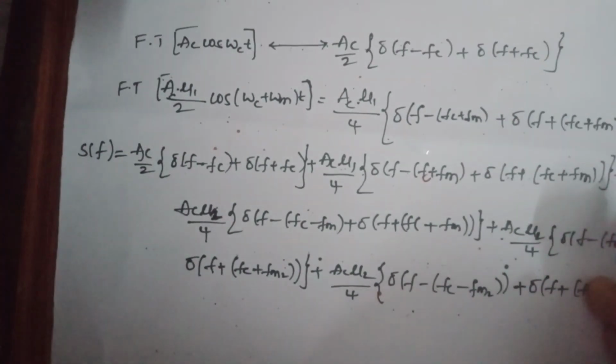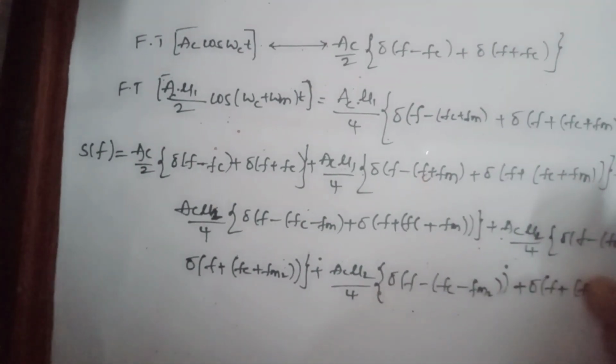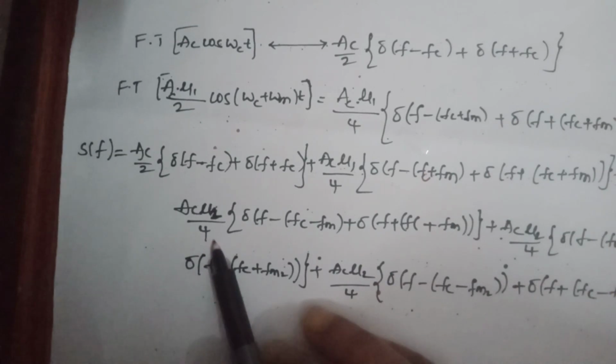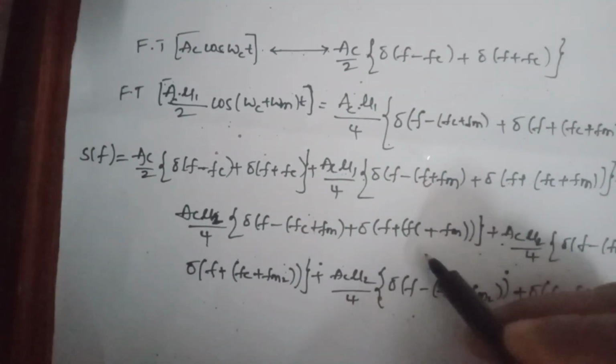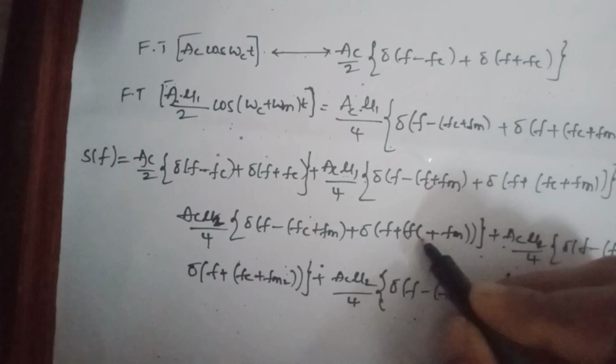Next term is AC mu 1 by 2 into cos of omega c plus omega m. So same, here its Fourier transform is AC mu 1 by 4 [delta of f minus fc plus fm and delta of f plus fc plus fm].